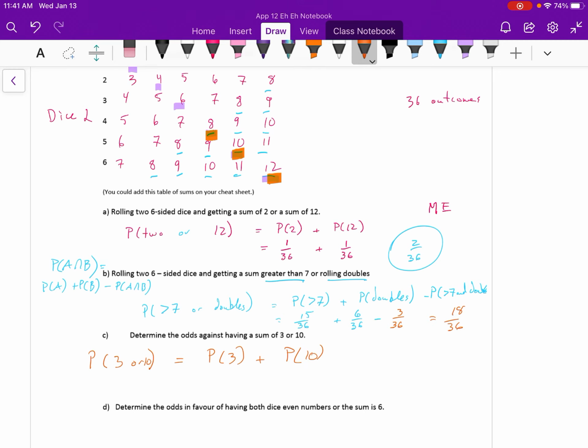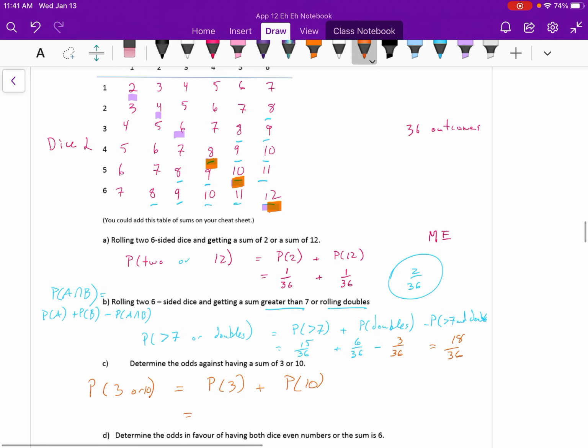These are mutually exclusive, so that's going to be the probability of 3 plus the probability of 10. And what we notice, the probability of rolling a sum of 3 is 2 out of 36. The probability of rolling a 10 is 3 out of 36. Therefore, the probability of rolling a 3 or a 10 is 5 out of 36.